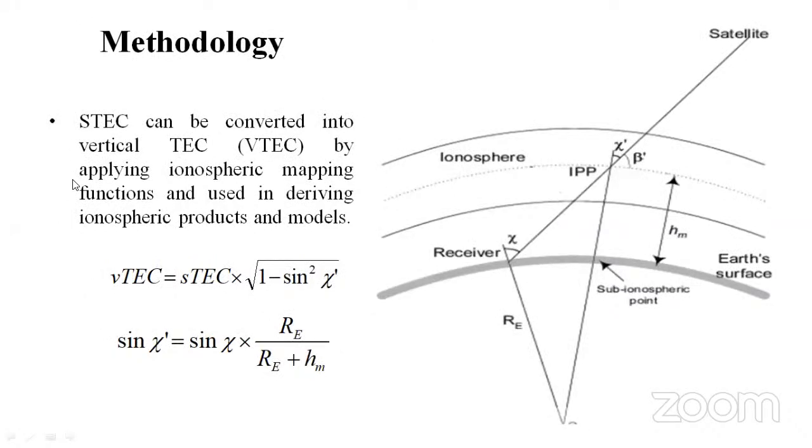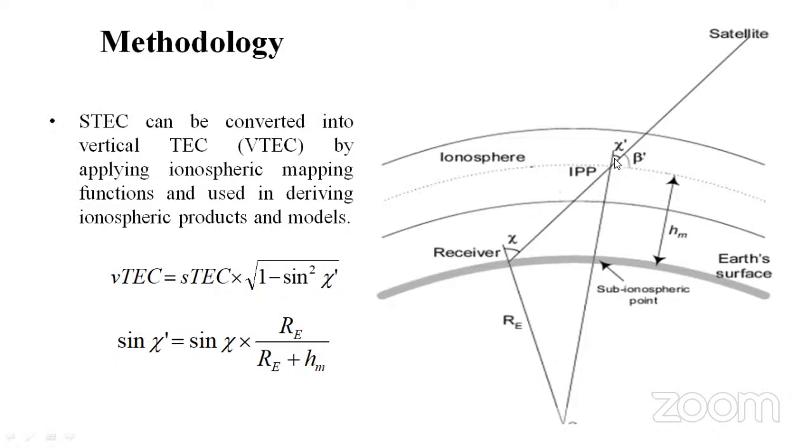Coming to the methodology part, slant total electron content will be converted into vertical total electron content using these formulas. Firstly, the slant total electron content is nothing but the path of total electron content which is received at a signal path, which is explained in the equation, where psi dash is the zenith angle at the IPP, that is ionospheric piercing point, which is at a height of HM.